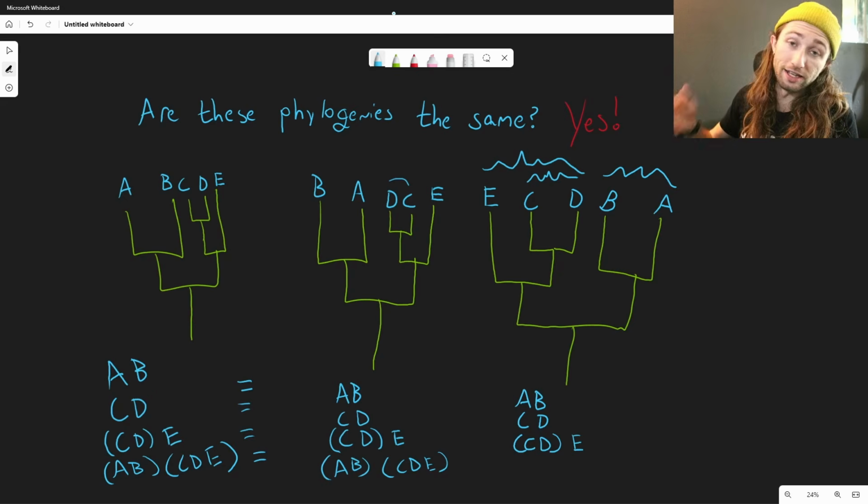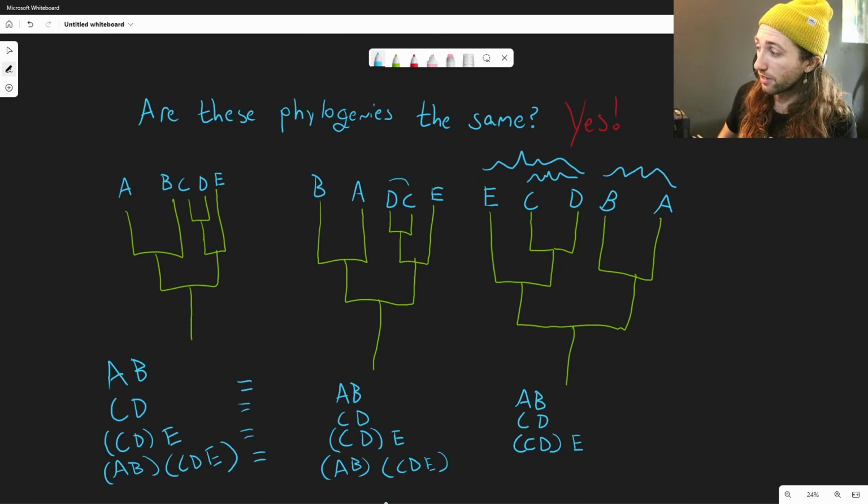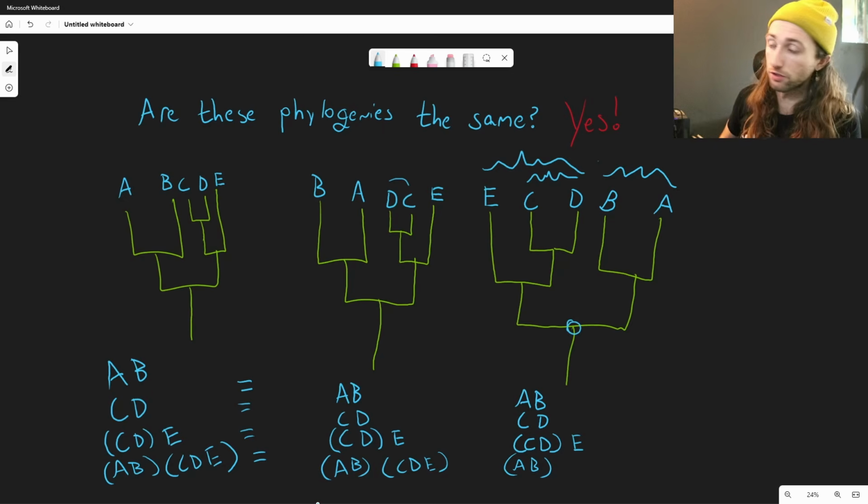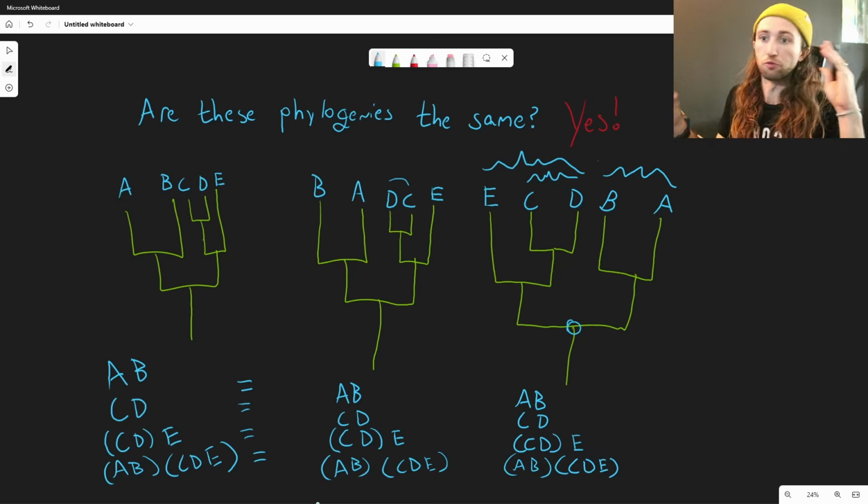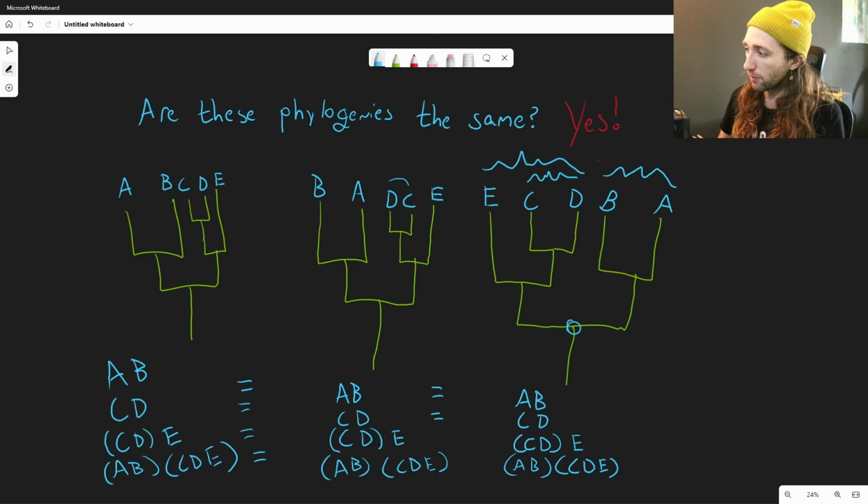And then finally, this last clade is the clade AB most closely related to CDE. Well, of course, we look across the whole phylogeny for this one, and we see that AB is indeed most closely related to the clade containing CDE because of this common ancestor right down here. CDE. So even though these phylogenies have been rotated like crazy, they all contain the same information.